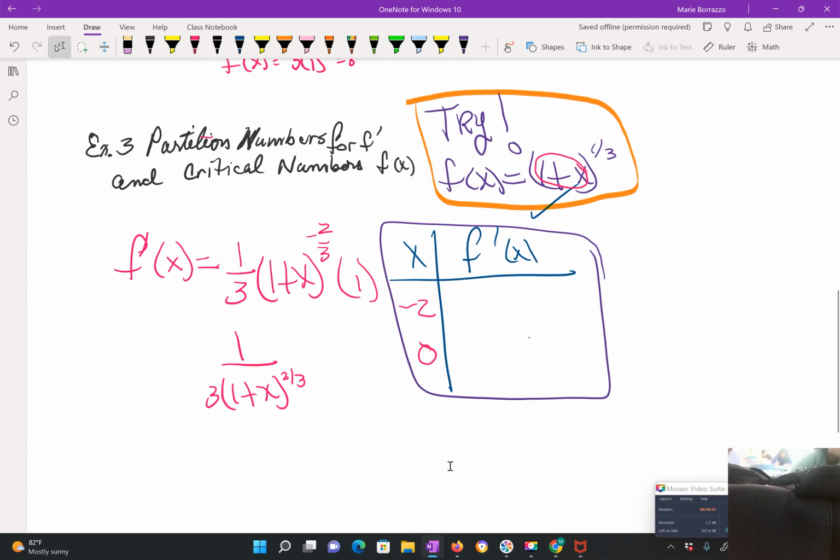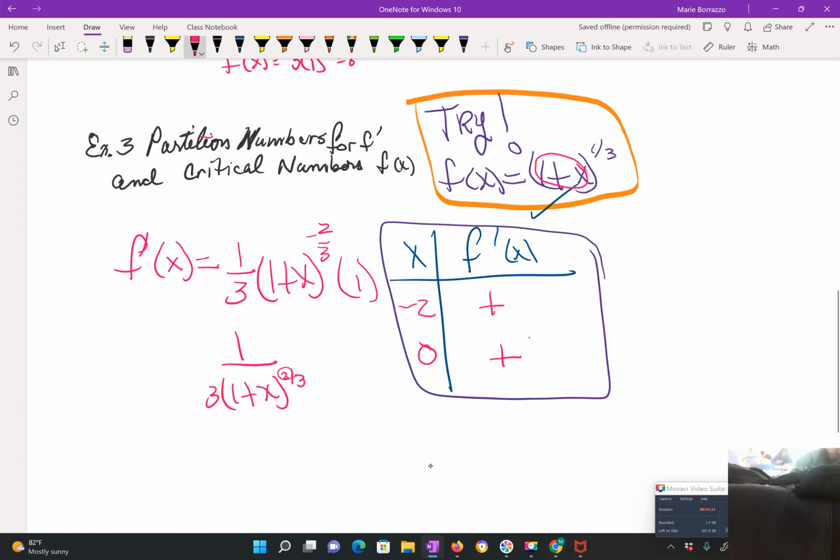Okay. And so, is this increasing or decreasing on the derivative? If I plug in, let's plug in 0, start with 0. 1 to the 2/3 times 3 regardless is positive, yes? And negative 2, if I put a negative 2 in here, I'm going to end up squaring it anyway.